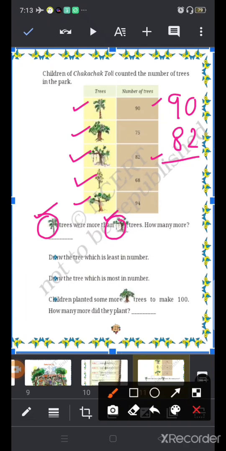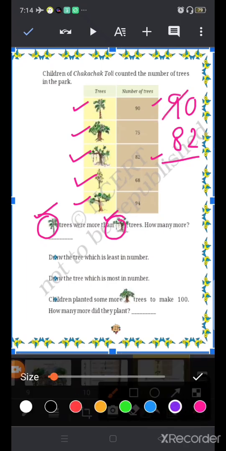We cannot subtract a bigger number from a smaller number. So what should we do? We will borrow one from 9. 9 will give one to 0. 0 becomes 10 and 9 becomes 8. Isn't it? Now we can subtract 10 minus 2.